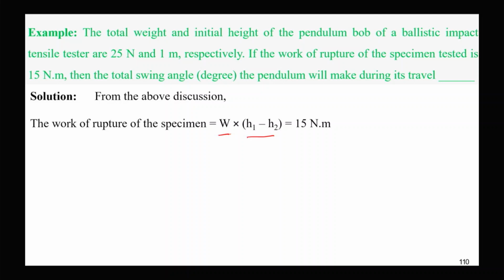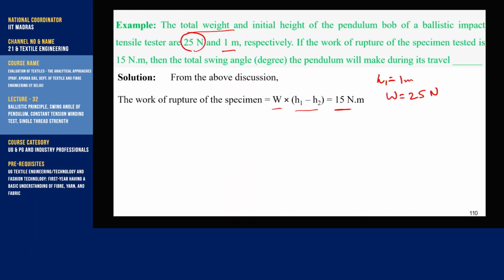The initial height h1 is 1 meter, and the total weight of the pendulum W is 25 Newton, and this energy is 15 Newton meter.